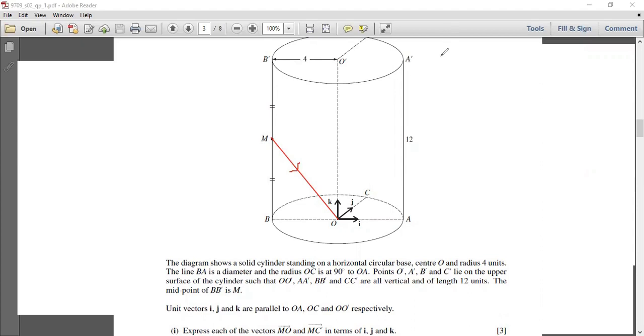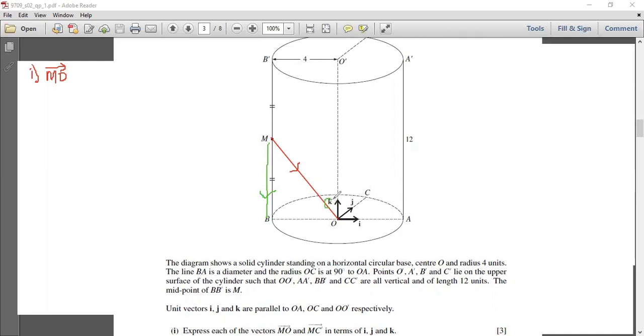All right, so MO, we start here. We must think in 3 dimensions here. To find the vector MO, the ijk is sensitive to the definition given, so I'm going to signify each part carefully. MO is like going along here first.